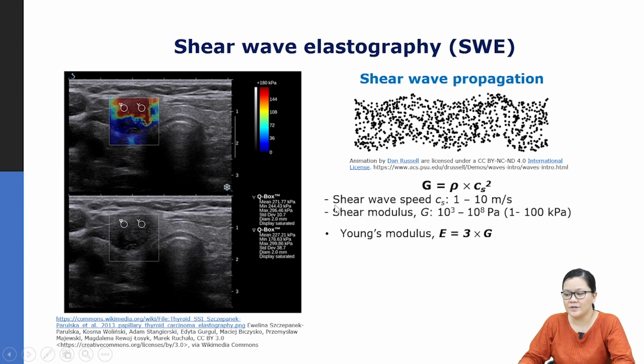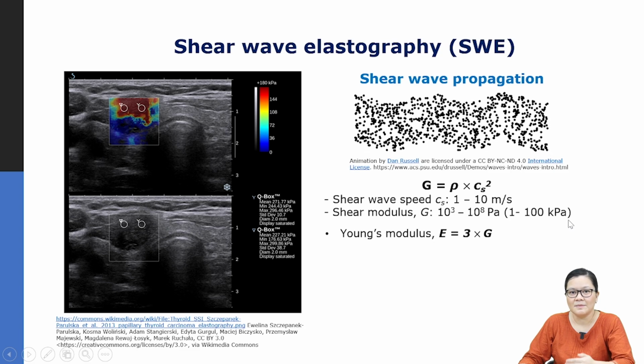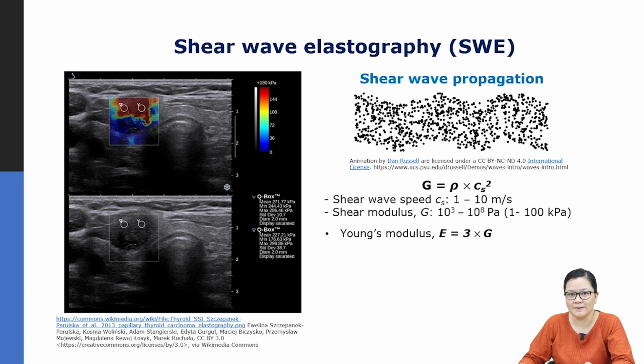In tissue, the shear wave speed ranges on the order of 1 to 10 meters per second, and the shear modulus ranges on the order of 1 to 100 kilopascals. The nice thing about measuring the shear modulus with respect to mechanical property imaging is that there's a wide range of shear modulus within tissue.